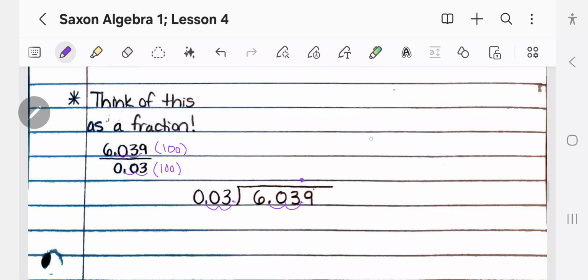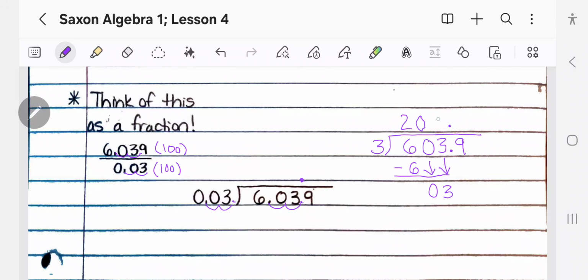And if it's a little messy to you and you don't want to, you don't have to have those zeros now. If it bothers you having that kind of mess in there, 603.9, you can rewrite it where the decimal is after we've adjusted it and go ahead and bring it up. 3 into 6 will go 2 times. Bring down the 0. 3 won't go into 0, so I'm going to put a 0 up.